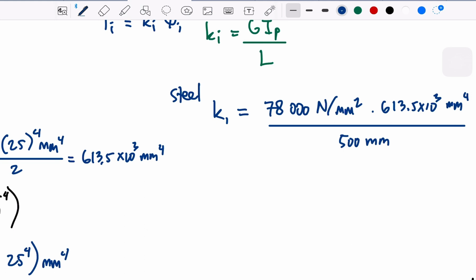It's going to be 95706 Newton. This cancels with that, and this is going to be millimeter per radian.